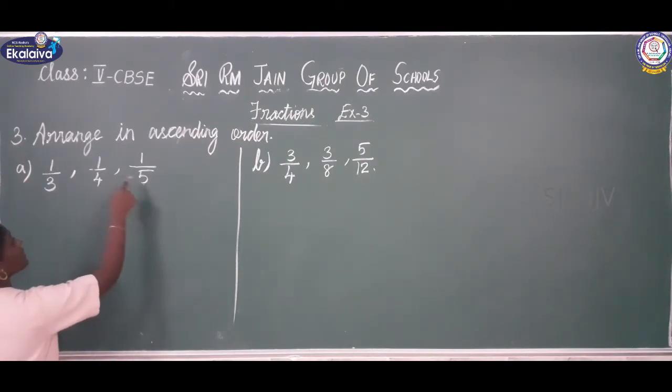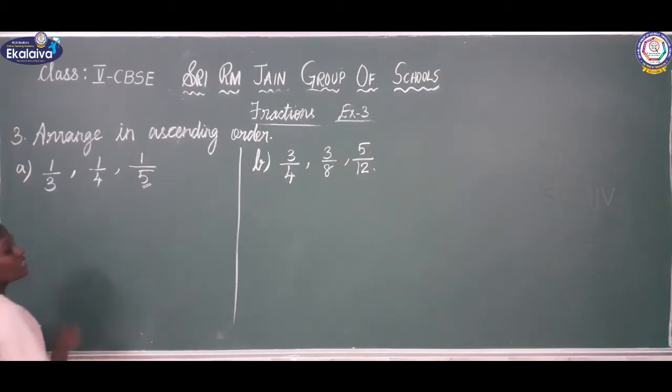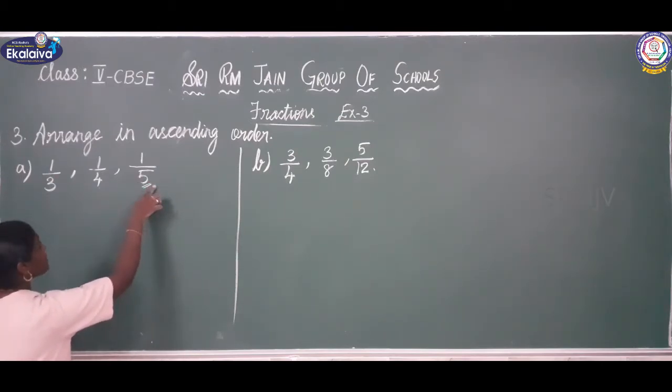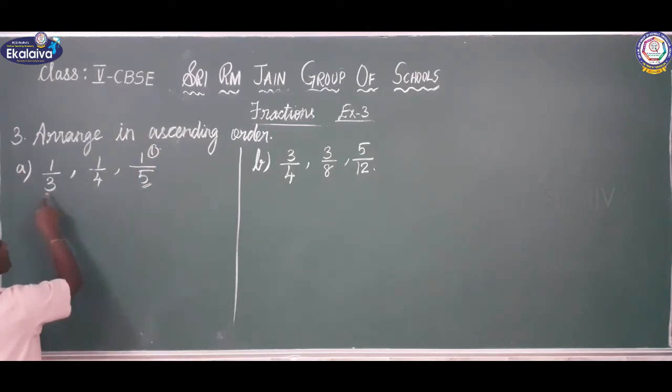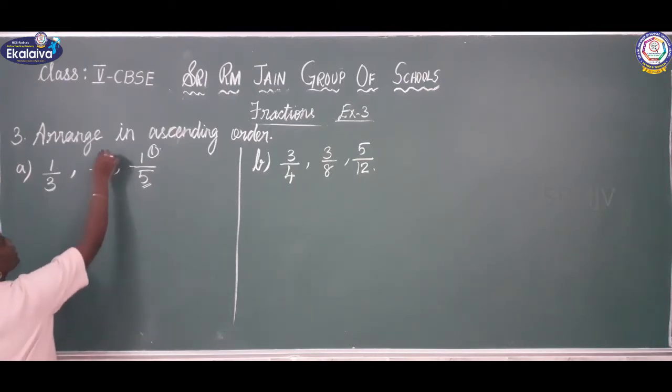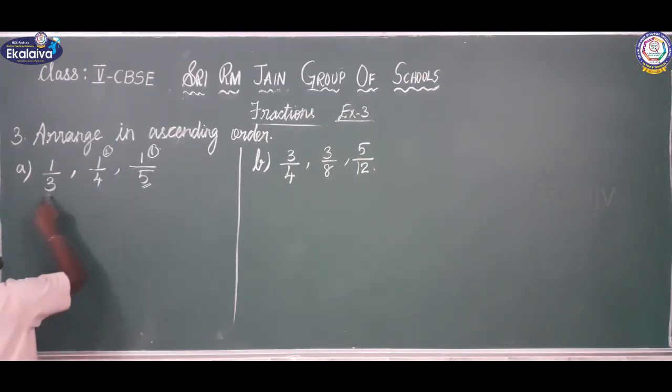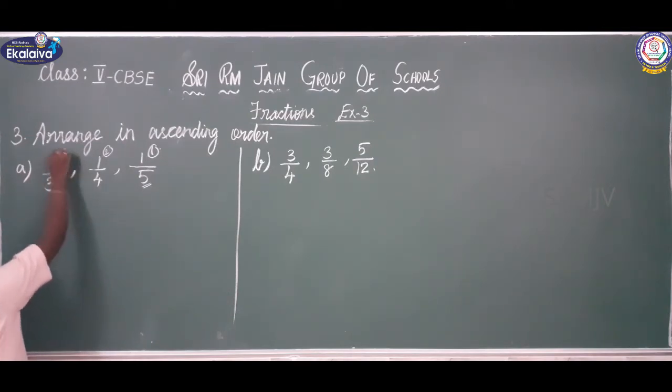For unlike fractions with the same numerator, we have to check the denominator. The fraction with the greater denominator is smaller, isn't it? So 1 by 5 is the smallest fraction. Then here, 3 and 4, the next greater denominator is 4. So this is the second one and 1 by 3 is the third one.